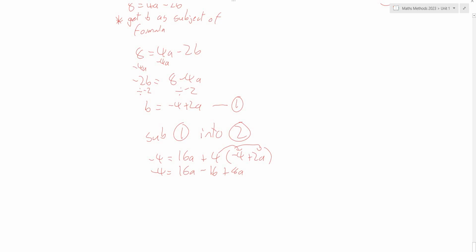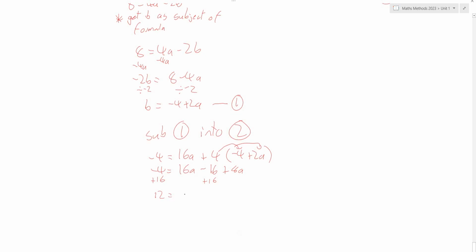So I'm going to get all the non-a stuff to the left, all the a stuff to the right. So to get rid of this non-a -16, what am I going to do? Plus 16. Which gives us, on the left-hand side, -4 plus 16 is 12. What's 16a plus 8a? 24a.